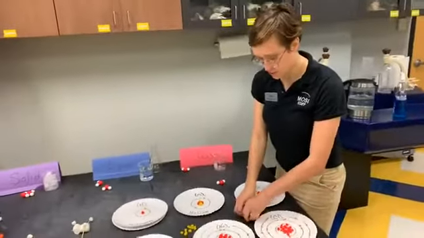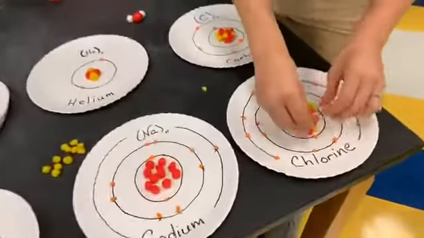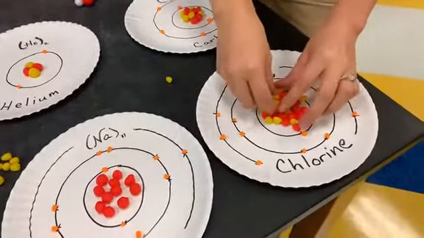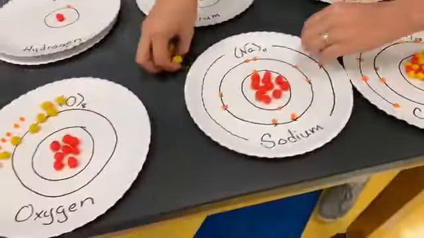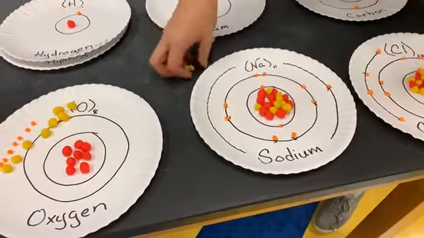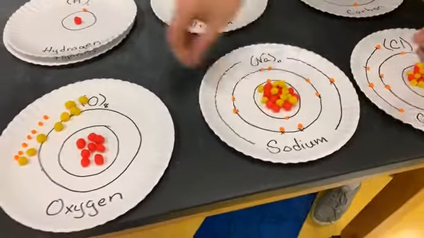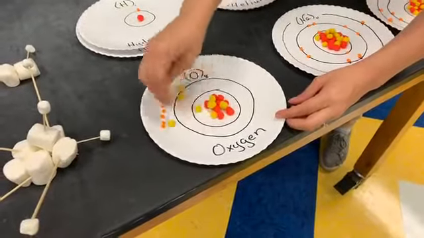I'm just going to throw in the neutrons here. That'll keep our protons from having too much opposing positive force against each other, and it'll just help keep our atom nice and tight together. Remember, protons are positive, electrons are negative, and neutrons, of course, are neutral. We'll just combine those there.